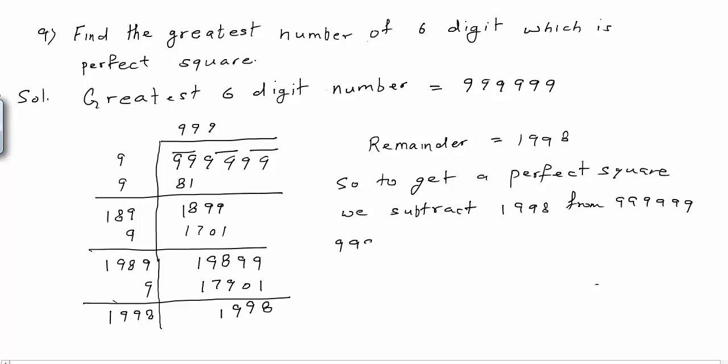So 999999 minus 1998 will give me 9 minus 8 is 1, 0, 0, 8, 4 digits, then 2 more digits, 9 and 9. So this 998001 is a perfect square number.